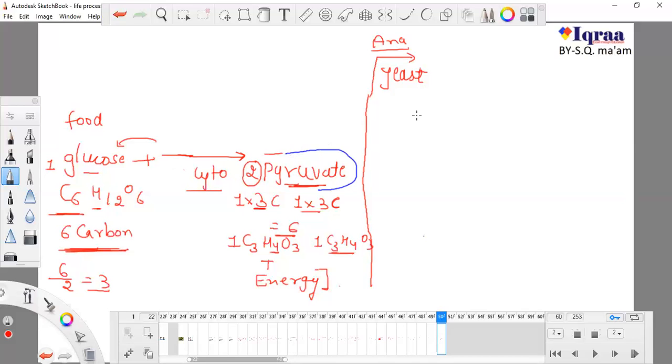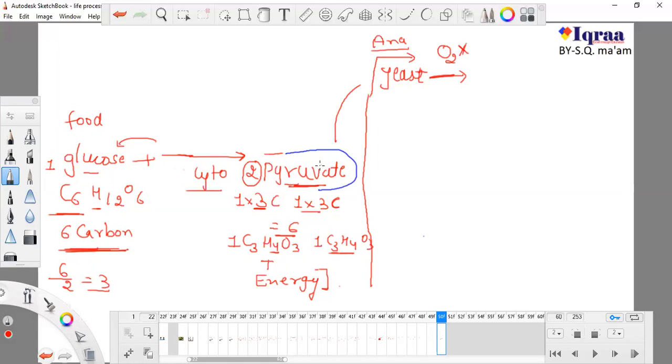Now the pyruvate is utilized by each and every organism. For example, yeast, which we are going to learn about, is anaerobic. It doesn't take oxygen from outside, but it can utilize pyruvate. This yeast will break down this pyruvate further, and there is no use of oxygen at all.